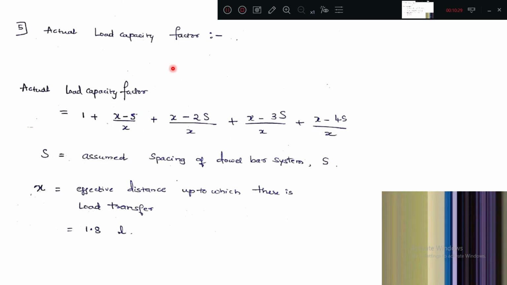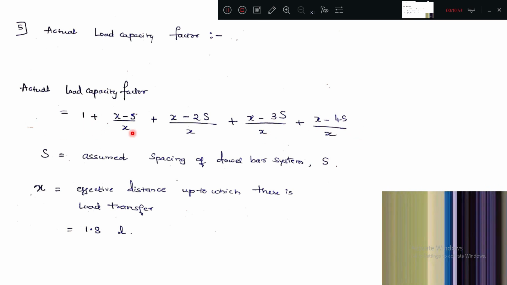That is very, very important. The actual load capacity factor is given by this formula: 1 plus (x minus s) divided by x, plus (x minus 2s) divided by x, plus (x minus 3s) divided by x, and so on.